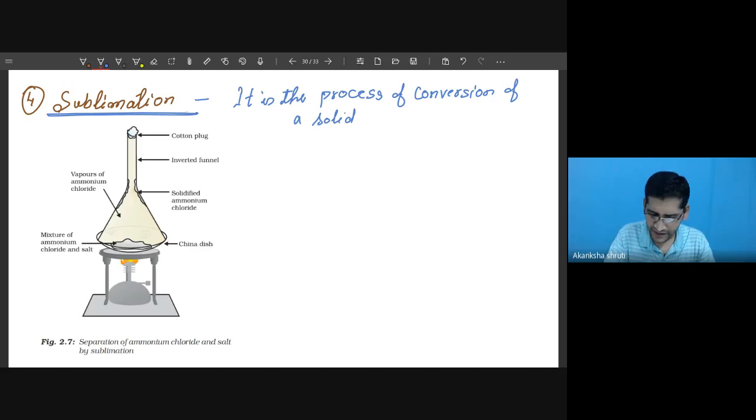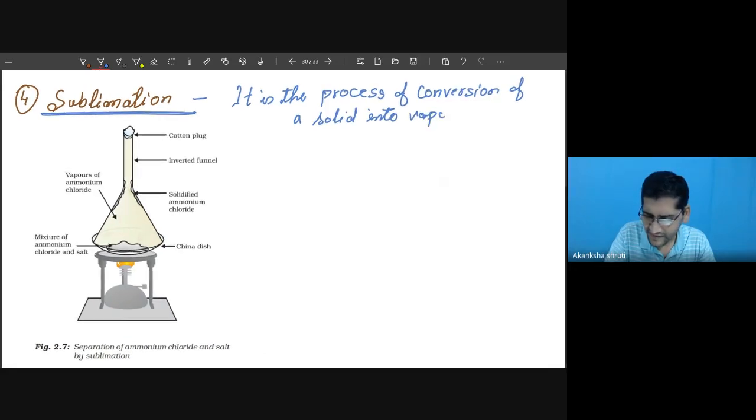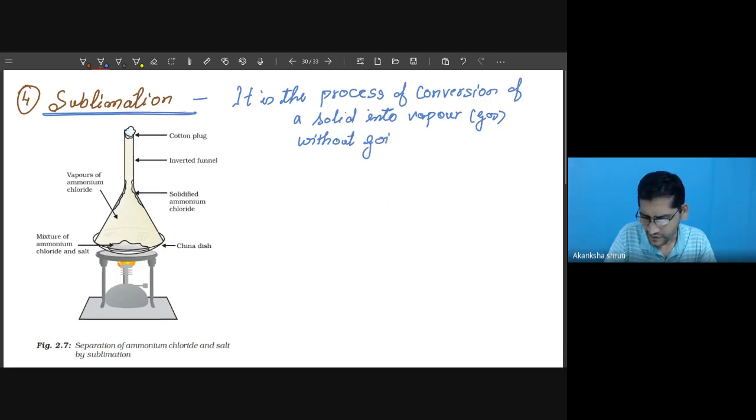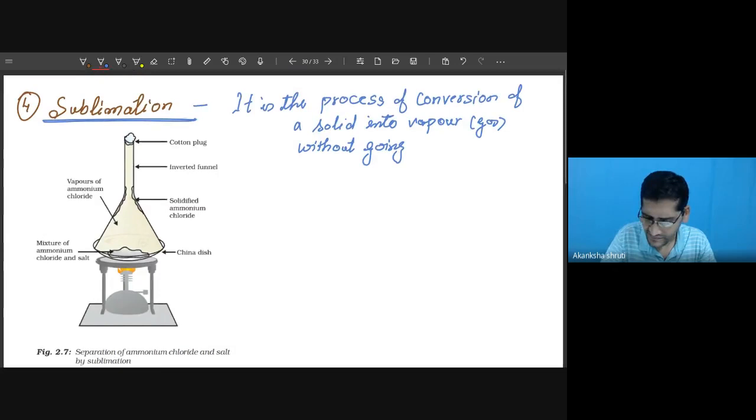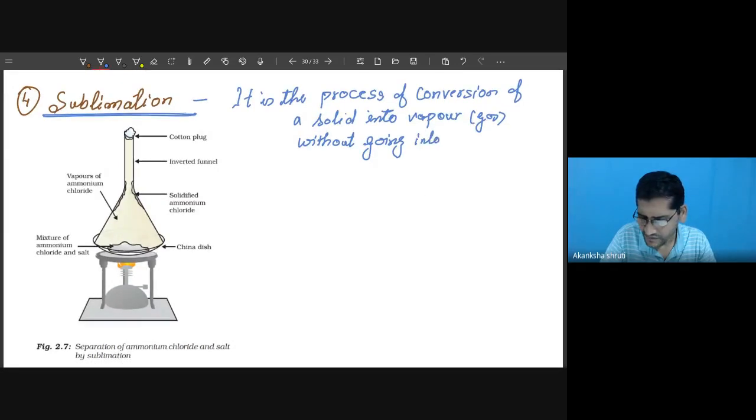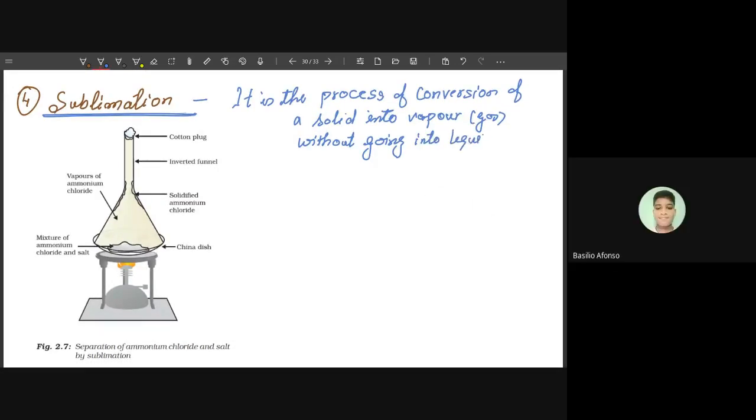It is the process of conversion of solid into vapor or gaseous phase without going into the liquid phase. This is very important.